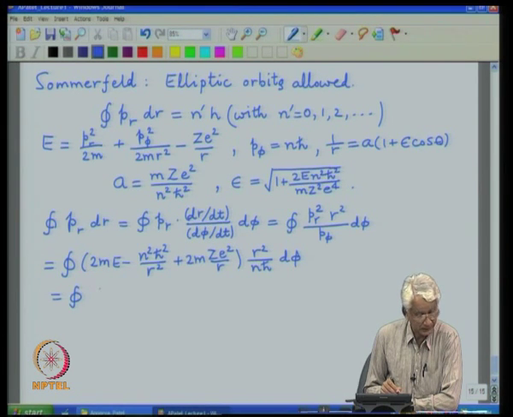These are straightforward manipulations and substitutions.